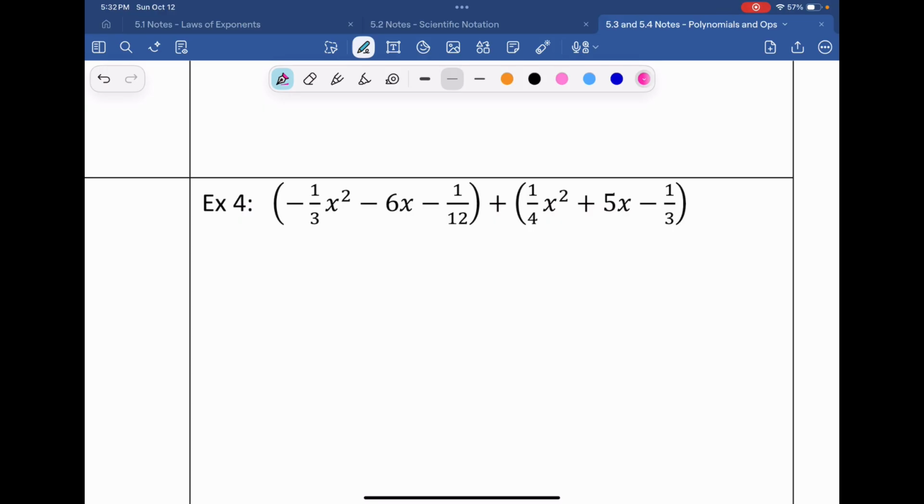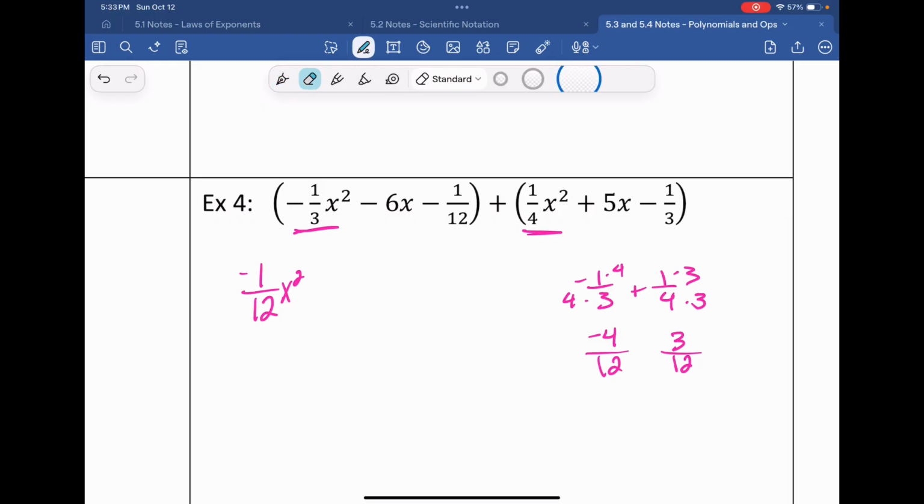Okay, so let's see, squares. All right, so I'm gonna do it over here. I don't have my calculator handy, so I'm doing it by hand. Common denominator is 12. So it's going to give me -1/12. Again, do that in your calculator.